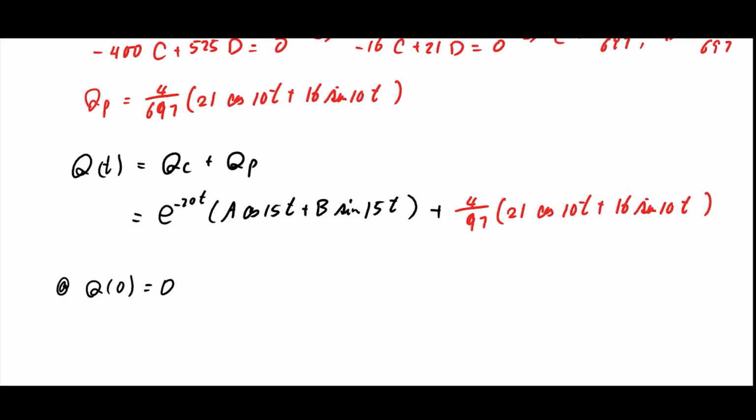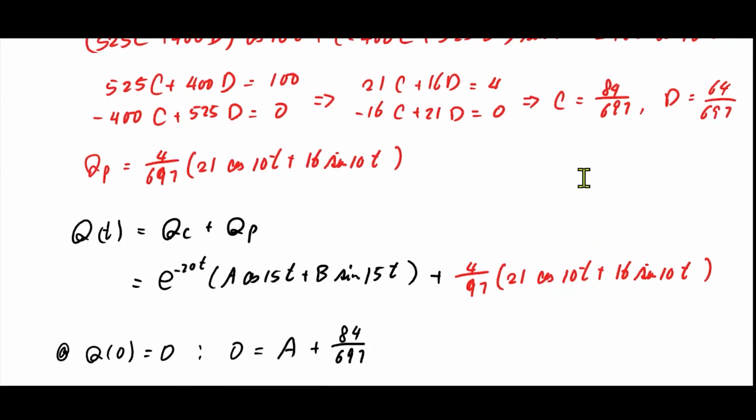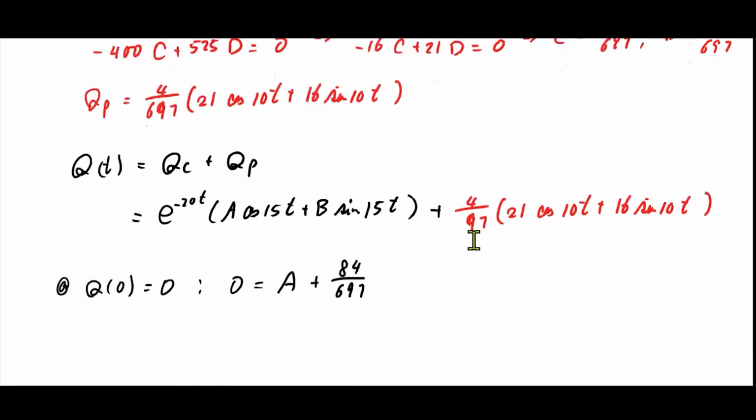That tells you we have 0 here, so this thing becomes 0, so we have just A. So 0 on the left-hand side is A plus this thing, which is still there. That is 84 over 697 from way up there. So that tells you A is negative 84 over 697.